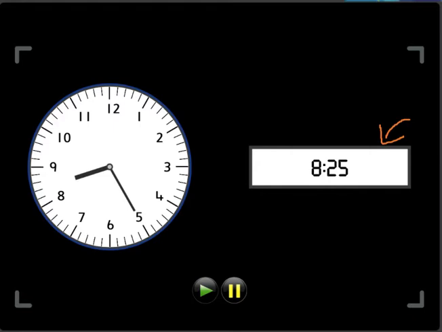Are you ready? If you need some more time, you can pause the video and give yourself some more time. But if not, we're going to move on.